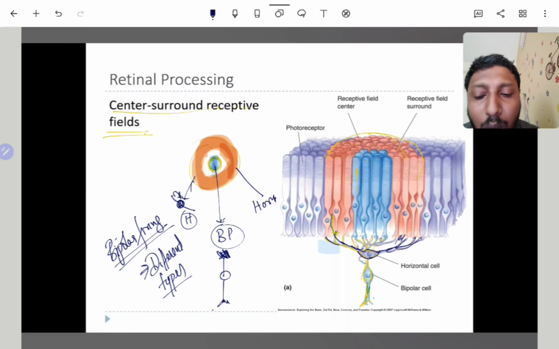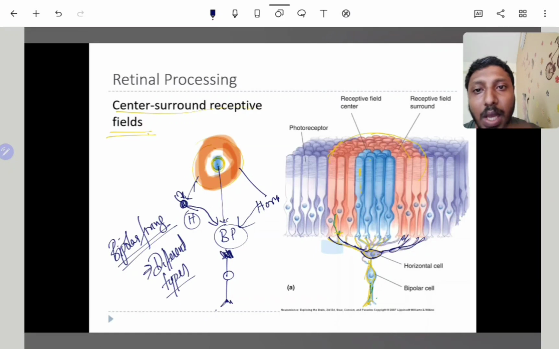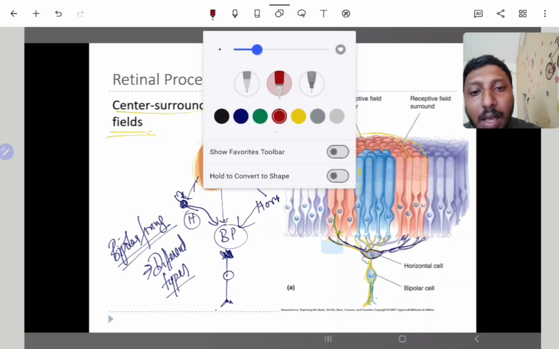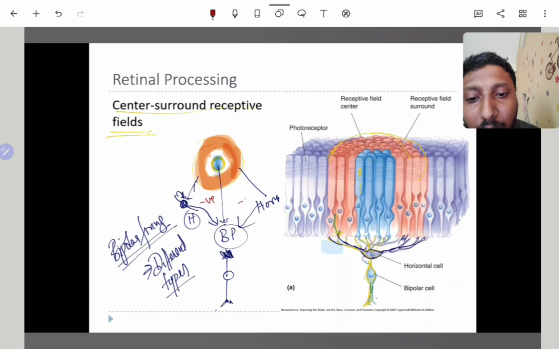Now what the horizontal cell does is inhibit this bipolar cell. It actually does inhibition at this level. So what will happen is, with the same kind of cell, you can get a response in center surround receptive fields.